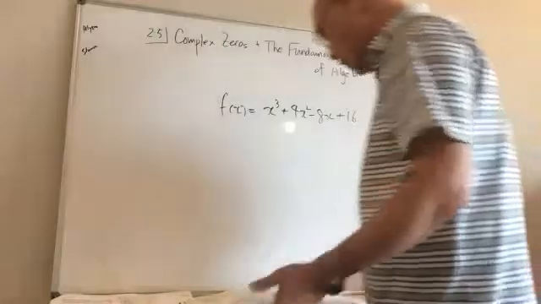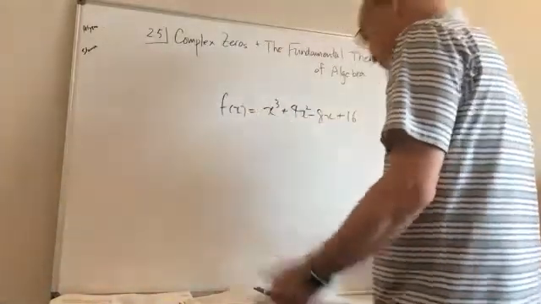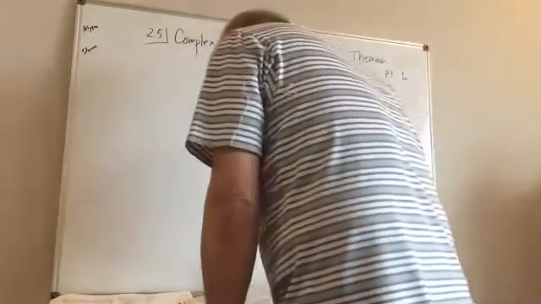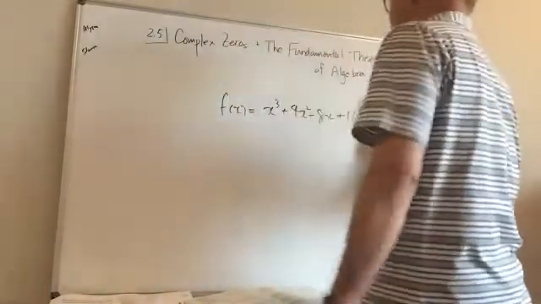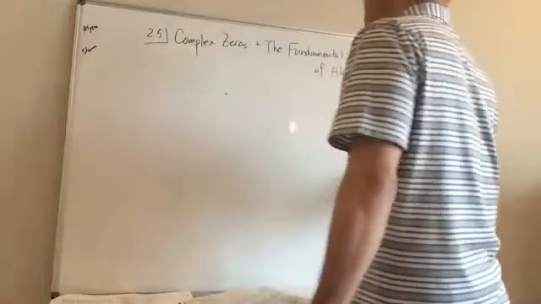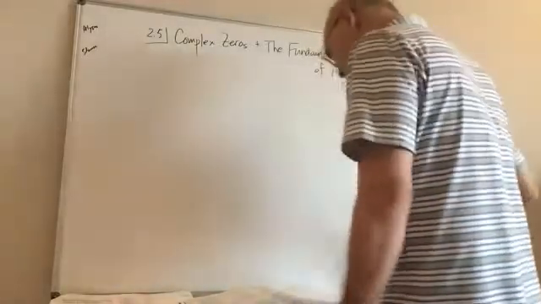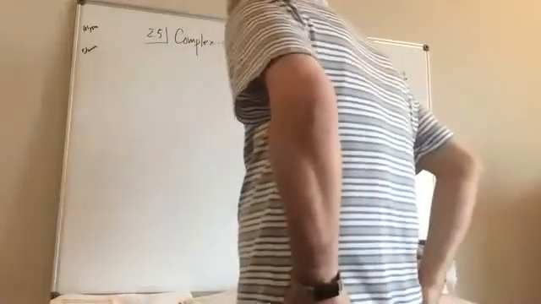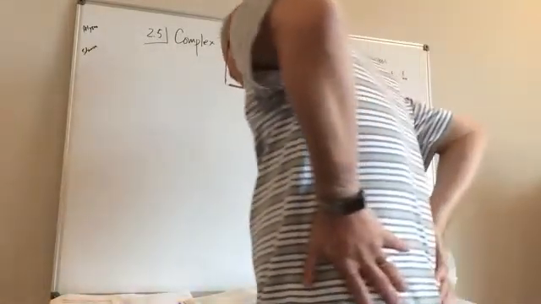And that's what the fundamental theorem of algebra is saying, okay? Again, it says a polynomial function of a degree n has n complex zeros, okay? Some of them are real, some of them are not, okay?